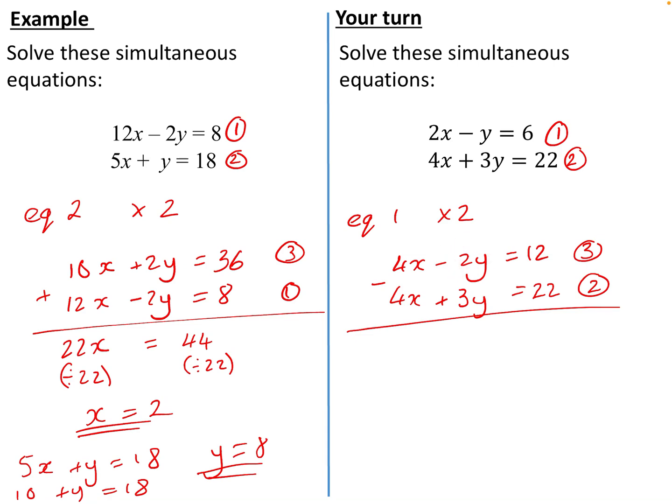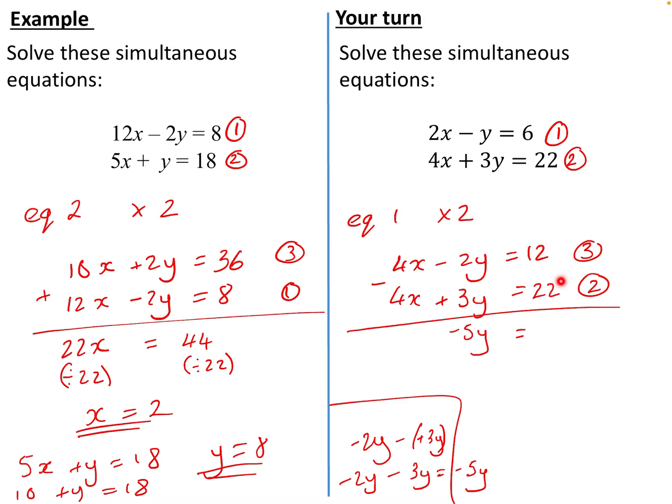I've got negative 2y, subtract positive 3y. Remember that when you subtract a positive number, it's just subtracting, so I've got negative 2y minus 3y. This is going to give me negative 5y. And on the right hand side, 12 take away 22 is going to give me negative 10.